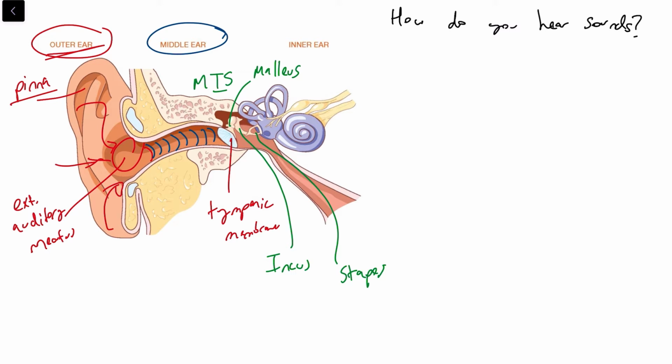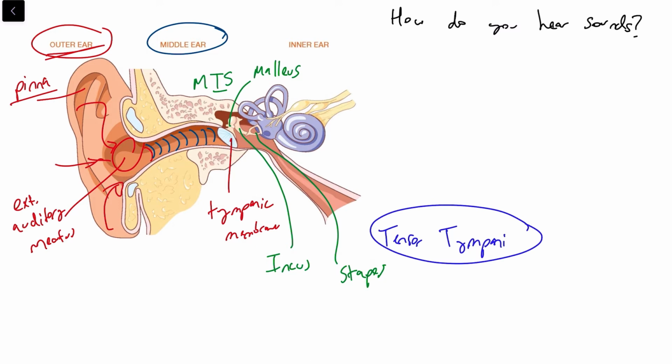One of these muscles that we care about is the tensor tympani. This is a muscle that is going to contract when you're chewing food or when you are shouting at somebody.